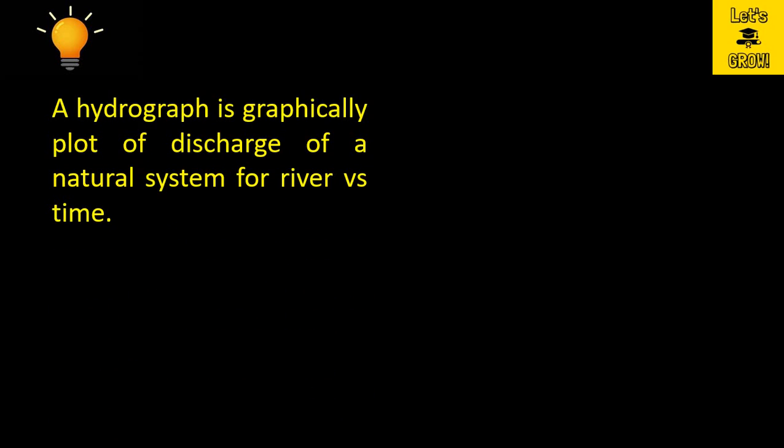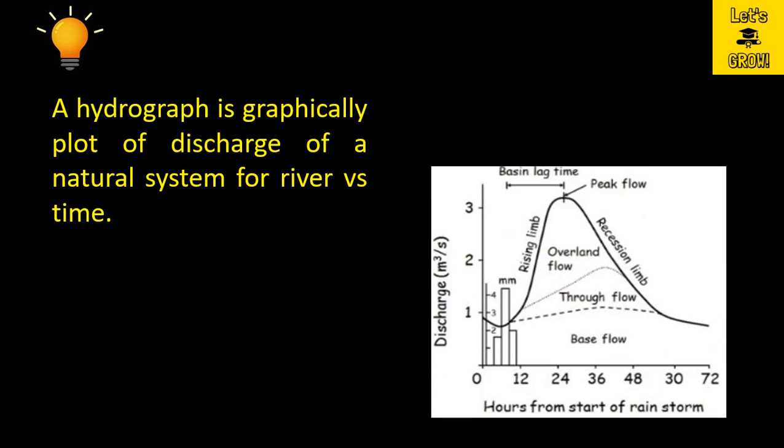Initially we will discuss the hydrograph. A hydrograph is a graphical plot of discharge of a natural stream or river versus time. So a hydrograph is a plot between discharge and time. Here in this image you can see a hydrograph.